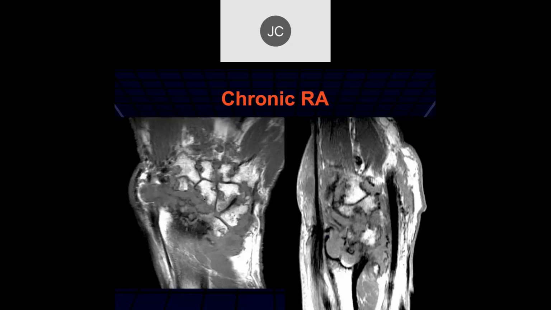You can see innumerable erosions, marked synovial thickening, and extensive destruction of the articular surface, with large subchondral erosions involving the distal radius. So this is something we really hope not to see now that there is a good treatment to stop this disease much earlier in the course. So this is chronic, long-standing, destructive rheumatoid arthritis.